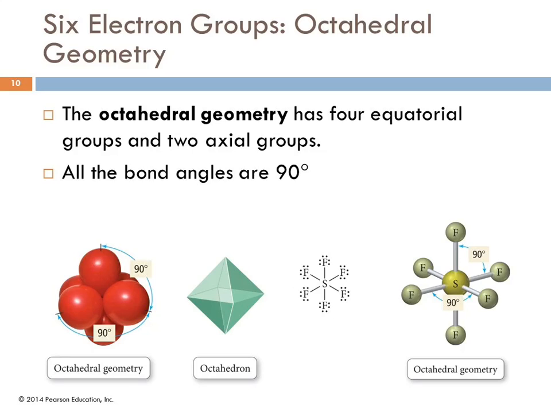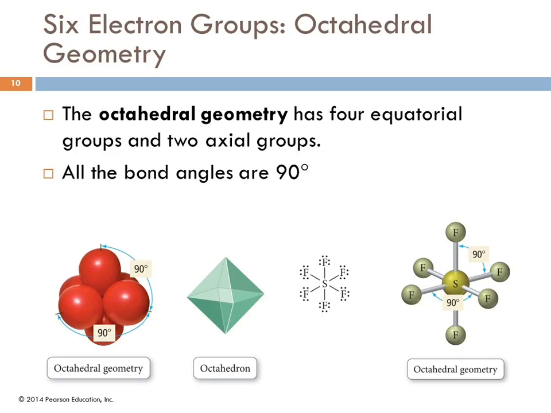If we throw 6 electron groups in there, now what will happen is that last one will shove into the equatorial triangle, making a square, and now all the bond angles are the same again. They are 90 degrees, so everything's at right angles. And this is called an octahedral geometry because it's an octahedron in shape.